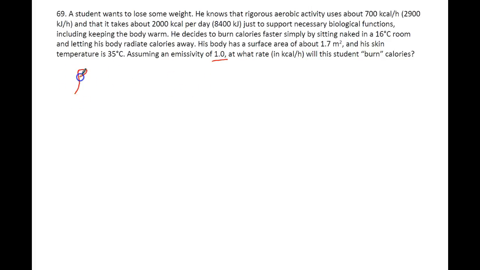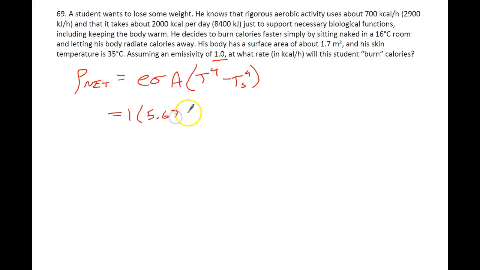So we know that now we're looking for the net power here. That's equal to, because he's both absorbing and emitting, e sigma A, and then we have our temperature to the fourth minus the surroundings temperature to the fourth. So this is equal to 1 times 5.67 times 10 to the negative eighth times 1.7.